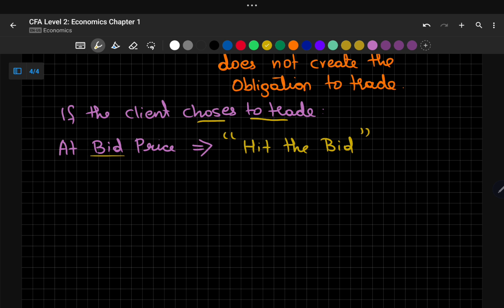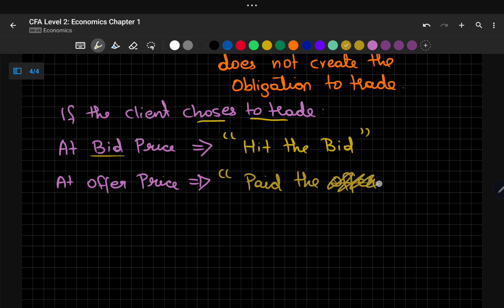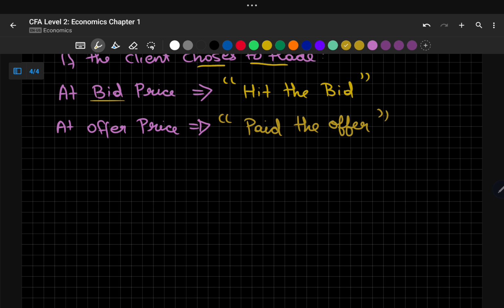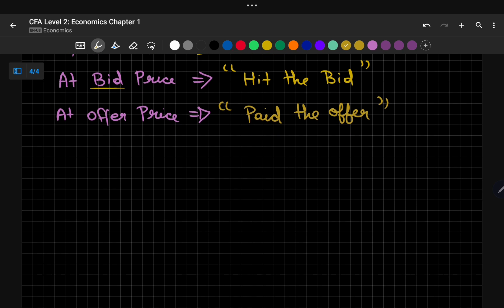And now if the client chooses to trade at offer price, then it is called client has paid the offer. So these are usually the terms we use. If the client chooses to trade at bid price, we usually say the client has hit the bid. And if the client chooses to trade at offer price, we usually say the client has paid the offer.